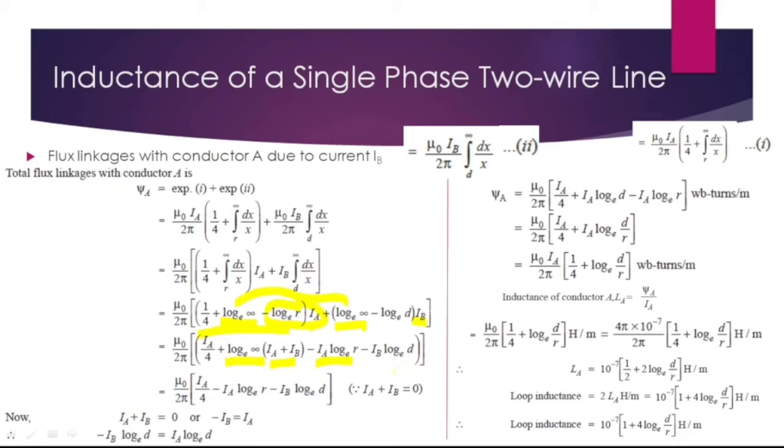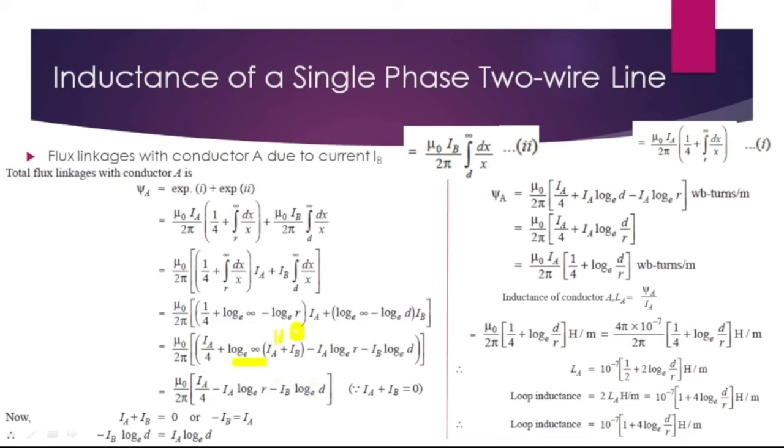I further simplify this. By the concept we explained in the previous slide, IA plus IB is equal to 0.